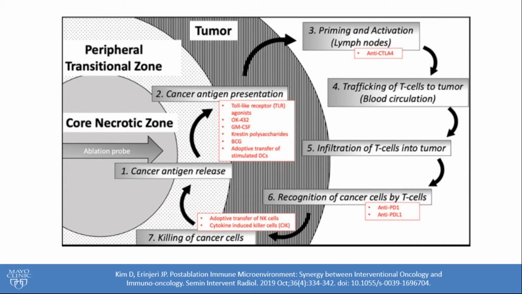So here's a nice graphic by Dr. Aaron Jerry's group, where they show how many actionable therapies may be present, extending from the central necrotic zone of where a thermal ablation is performed to the peripheral transitional zone to the tumor and to the normal liver.